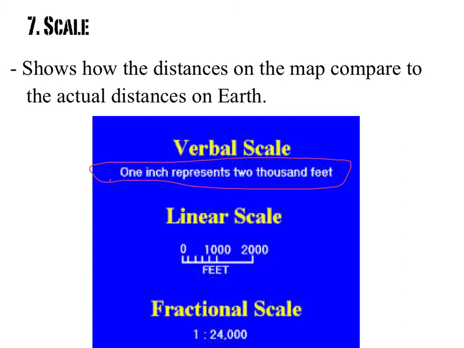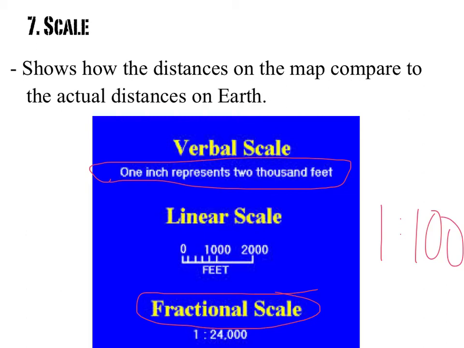There's also, we'll skip the middle one and go down to the fractional scale map, which gives you a fraction. It says 1 basically is equivalent to some larger number. So if the scale said something like 1 is equivalent to 100, if you were looking at 1 inch on your map, then in real life, whatever was depicted on that 1 inch would be 100 inches long.